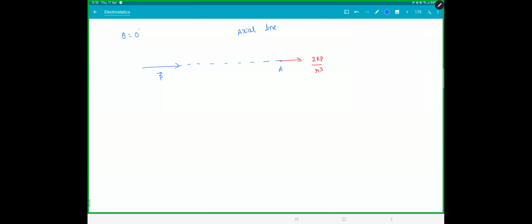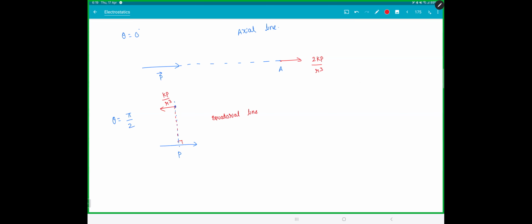This will be a straightforward Coulomb's law equation. If theta is 90 degrees, this is called the equatorial line. So if this is a dipole, on the perpendicular line somewhere here, the field will be parallel to the dipole, and it is kp by r cube. This is the equatorial line.